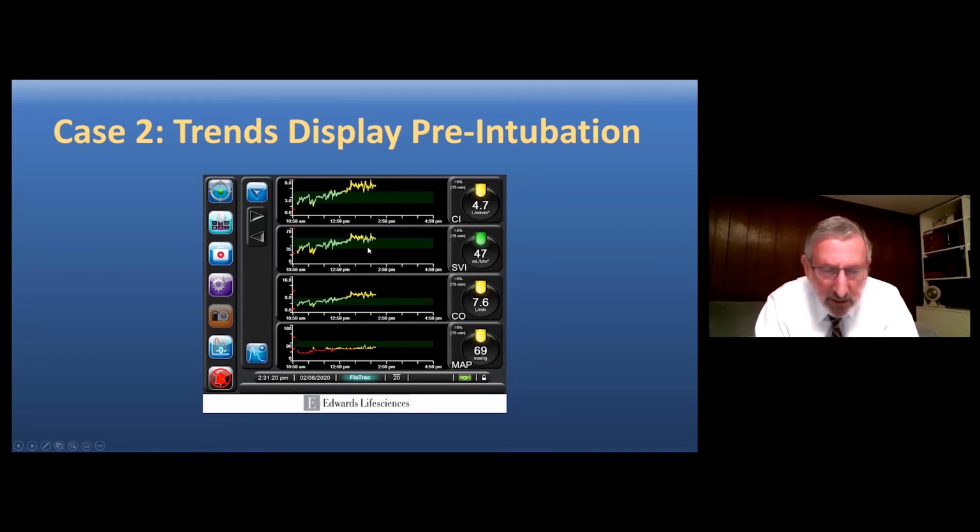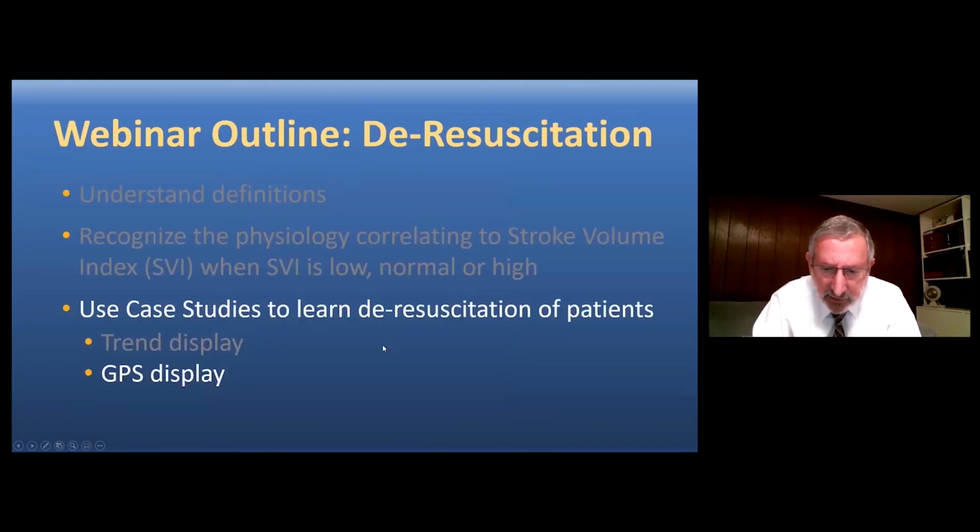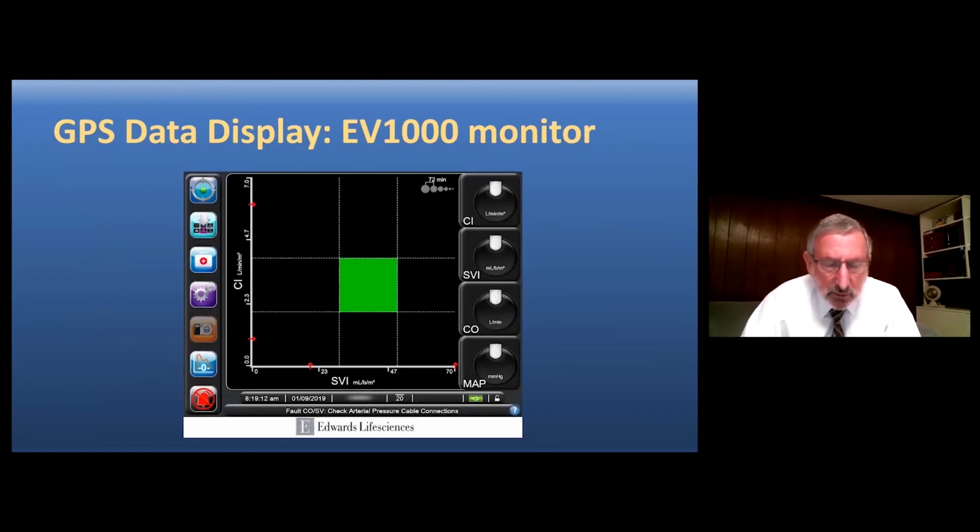Now, one way we like to look at this that's different than the trend is another display that's on the EV1000 and also on the hemisphere. And that is a green box that is a finger display, meaning you just hit the display for a green box, which we call the goal positioning system, a GPS.